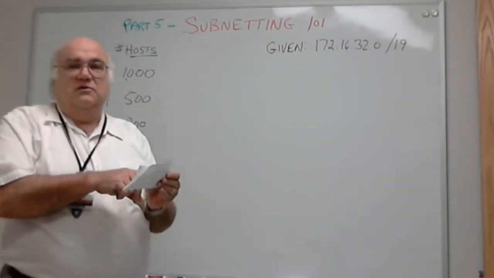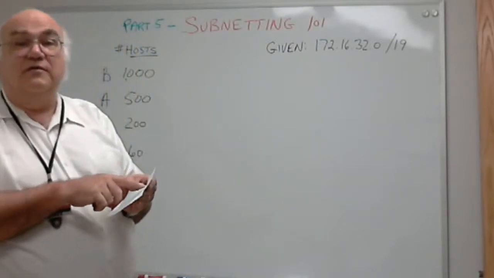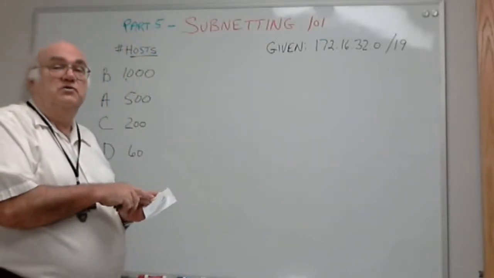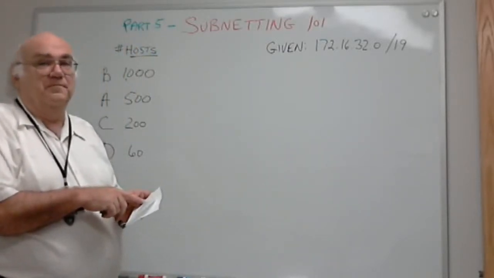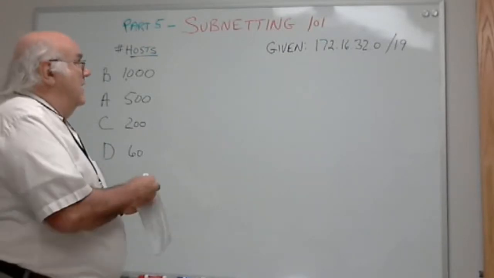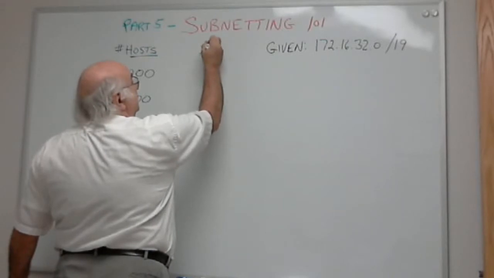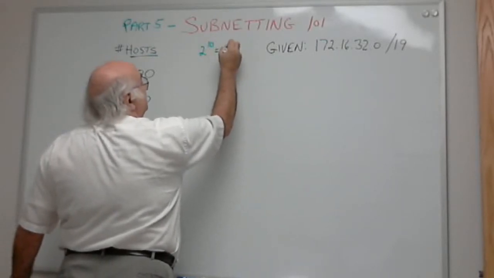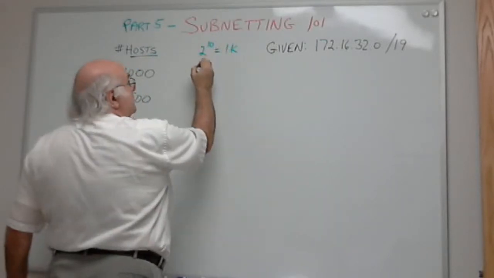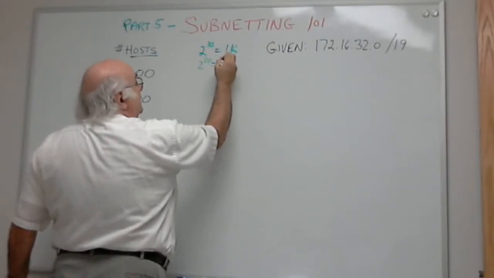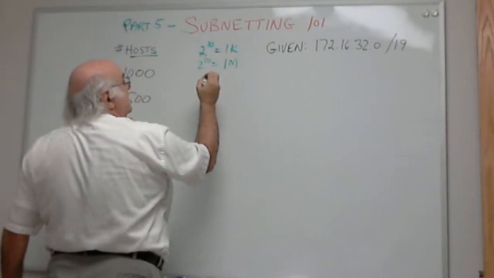2 to the 7th is 128. 2 to the 8th is 256, 2 to the 9th is 512, 2 to the 10th is 1024. Some facts here that may help. 2 to the 10th is 1K. 2 to the 20th is a megabyte.